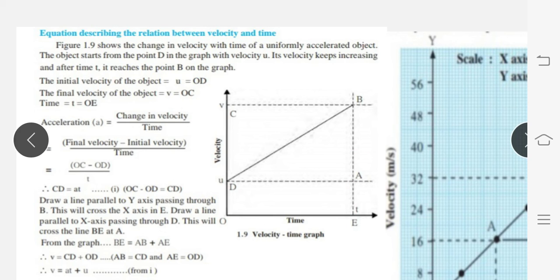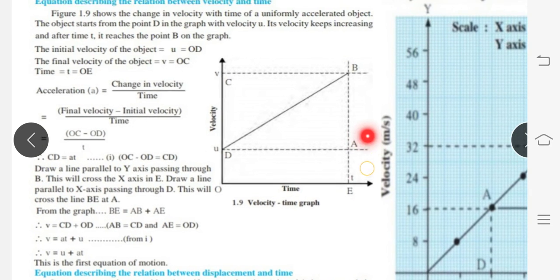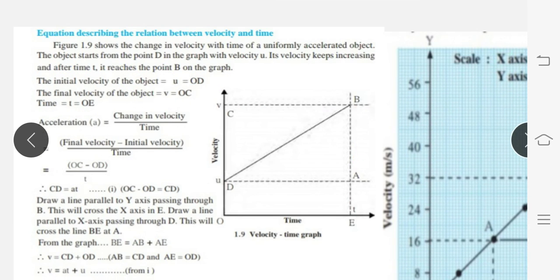Now from the graph, BE is the final velocity v. BE equal to AB plus AE, these are linear points.